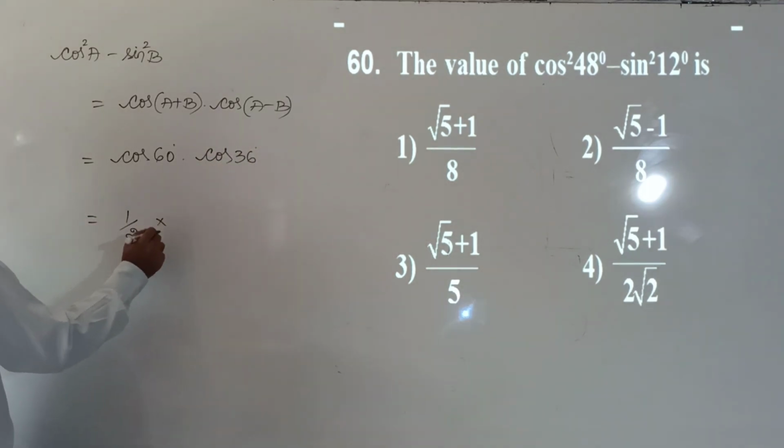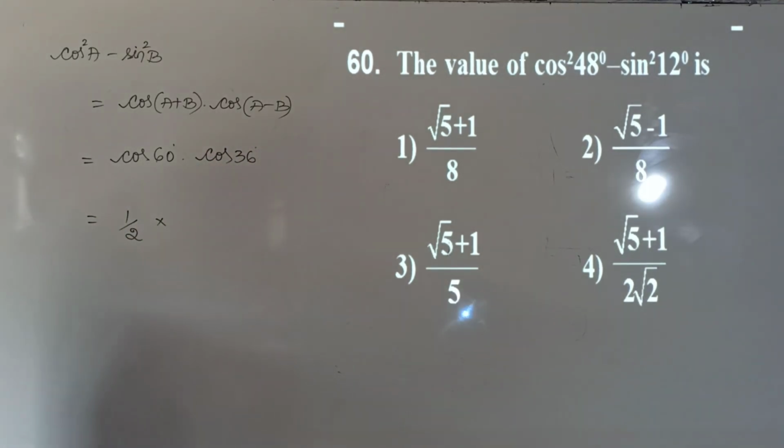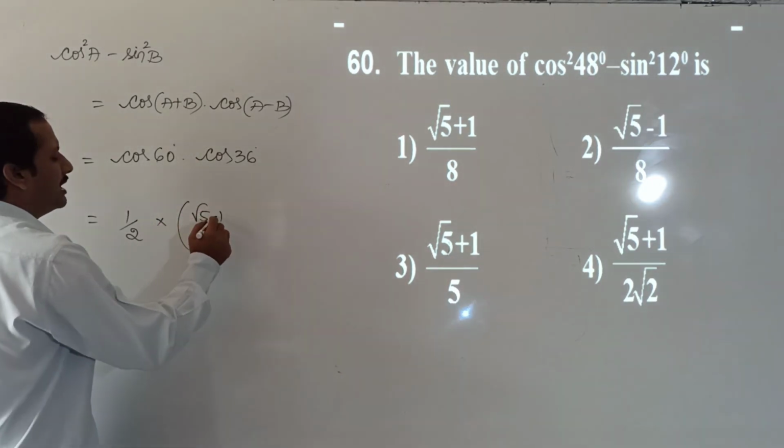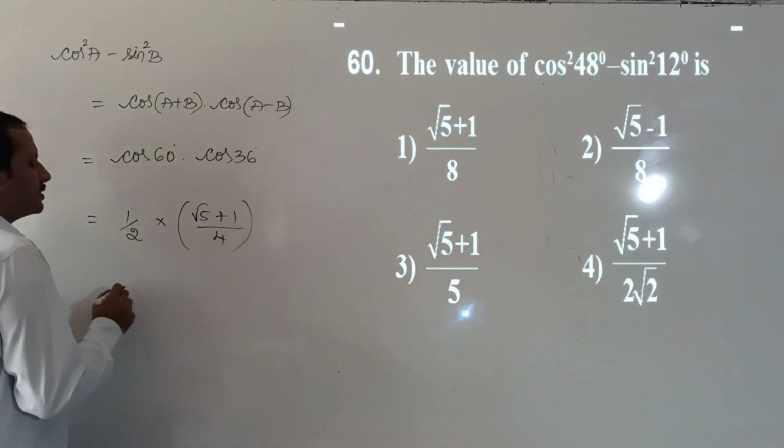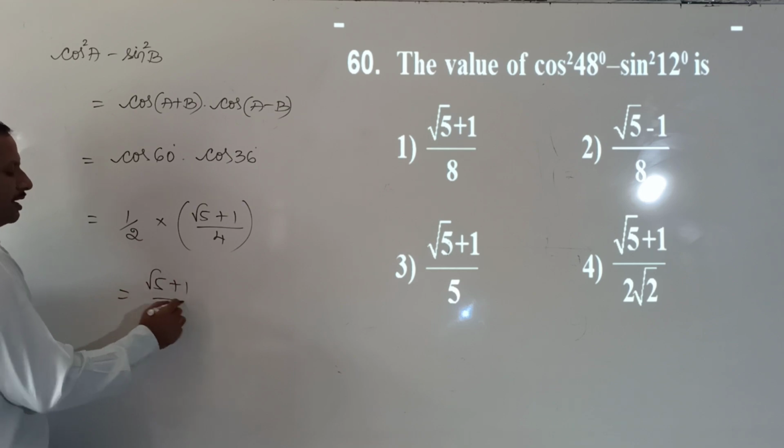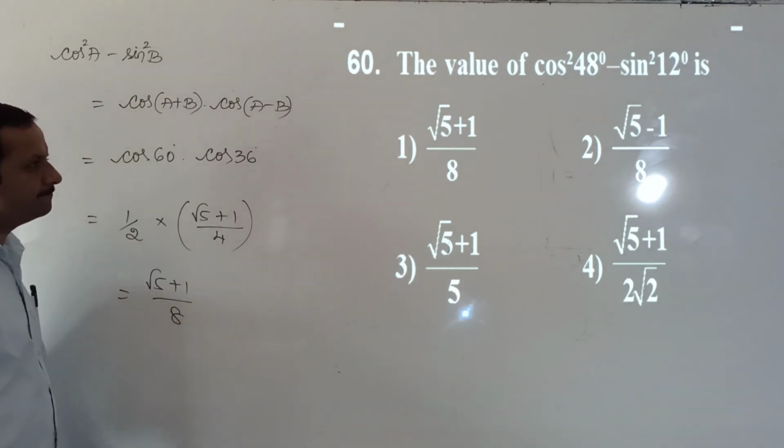Cos 60 degree is 1 by 2. Cos 36 degree, you know its value, root 5 plus 1 by 4. So the answer is root 5 plus 1 by 8. First option.